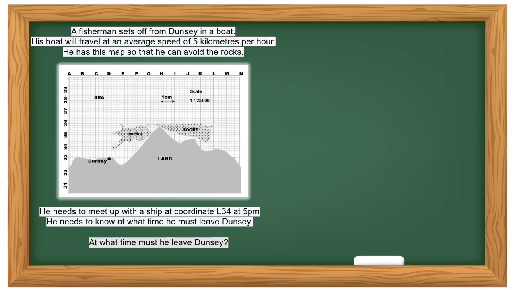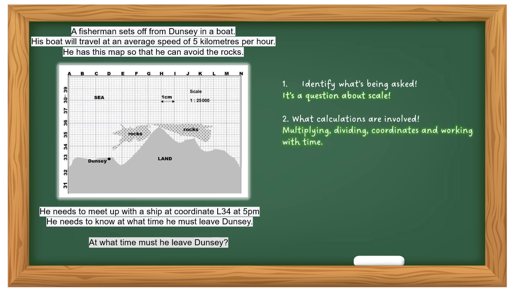And so you have to analyze this question. The first thing you have to do is identify what's being asked. Well, you can see it's a question about scale. So you need to understand about scale and ratios. What calculations are involved? Again, you can see there's going to be multiplying, there's going to be dividing involved.